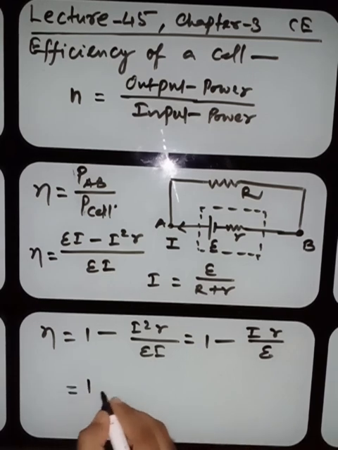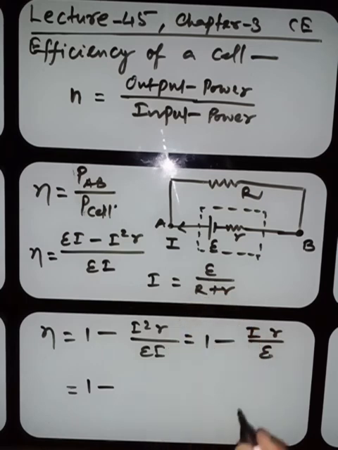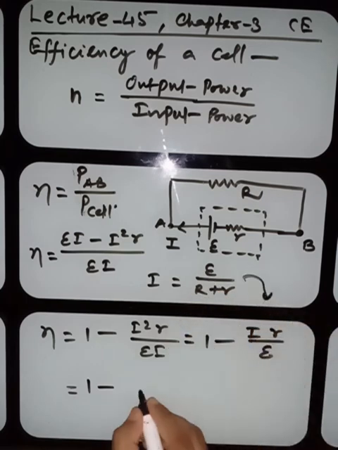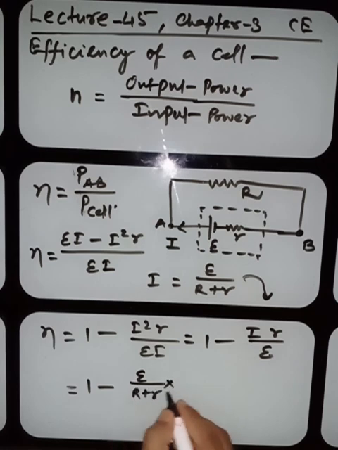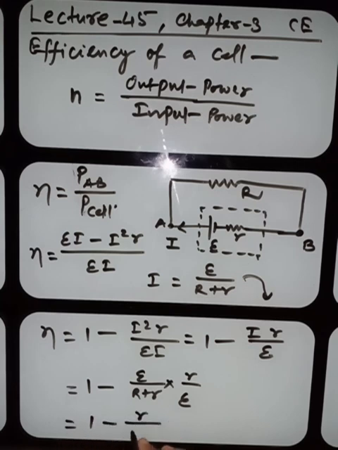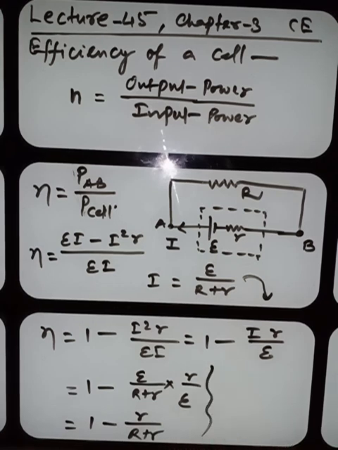Now you can put the value of I. Here I is nothing but E by R plus r. So it will be E by R plus r, times r by E. E will be cancelled out and then this is 1 minus r by R plus r, and finally R plus r minus r will be cancelled out and you will have the answer.